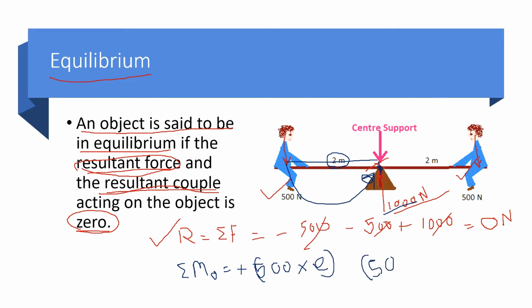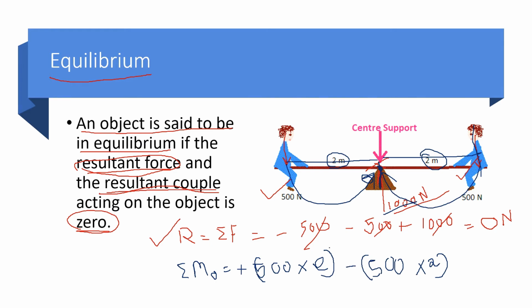So I'll write the force 500 Newton multiplied by the distance between this vertical force and the support. As you can see, this is again 2 meters, so 500 into 2. But this time this force is producing moment in the clockwise direction, so for clockwise I have put a minus sign.